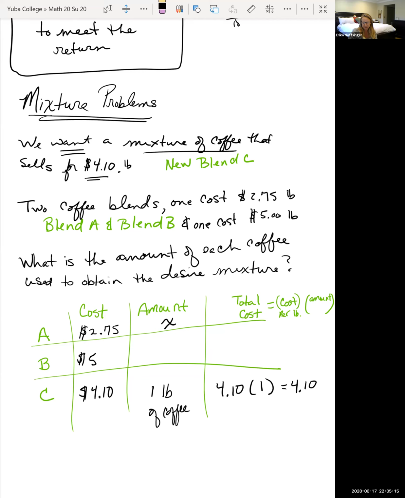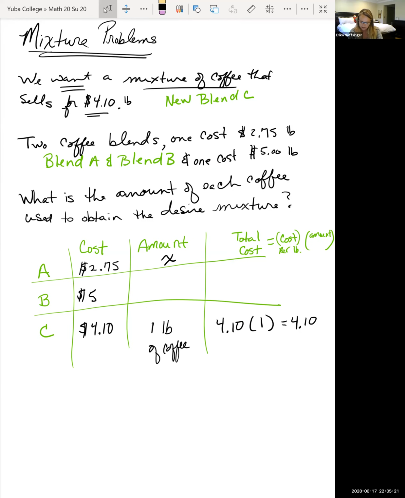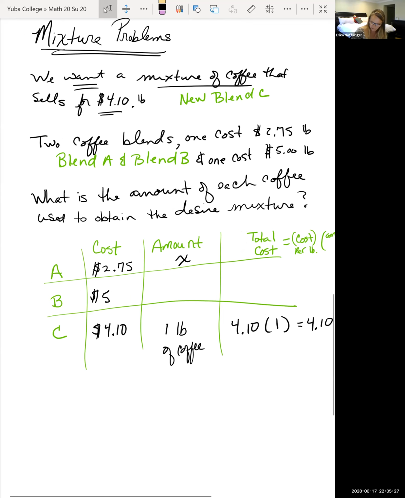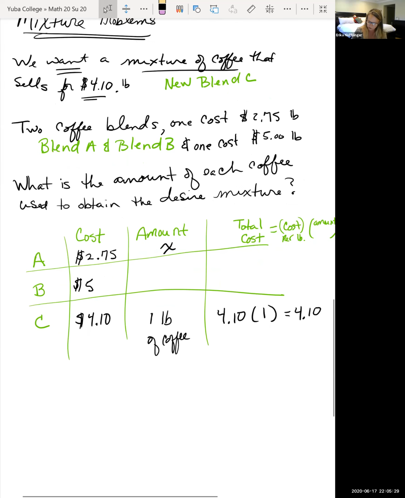So if I look at the total cost of coffee A plus the total cost of coffee B, the thing is I don't have the amount of coffee that I'm going to use. But I know I want 1 pound of coffee altogether.